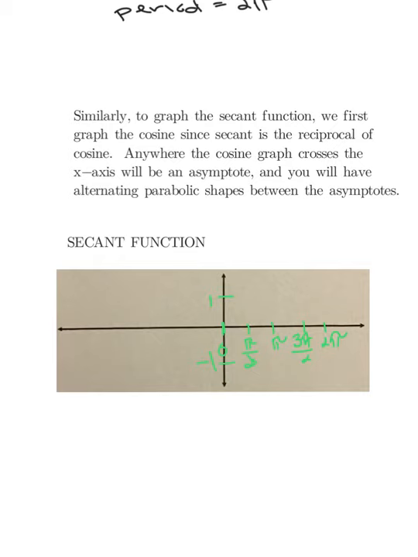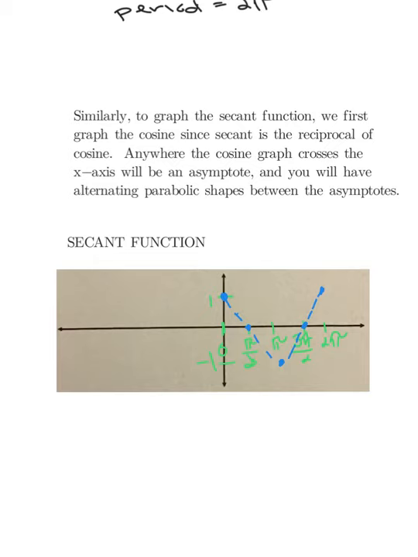And then remember that the basic cosine function starts up at 1 and then goes down to 0, down to -1, back up to 0, and then back up to 1. So if we just sketch this in as a dotted graph, there's our cosine.